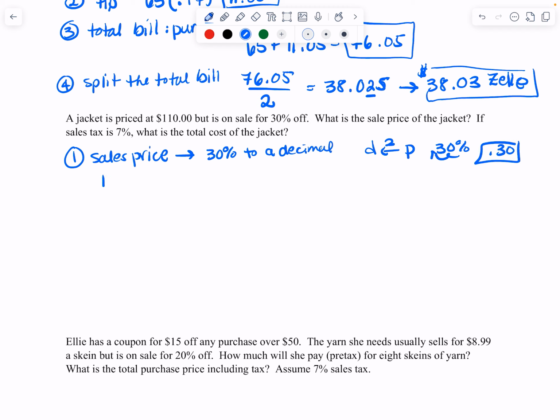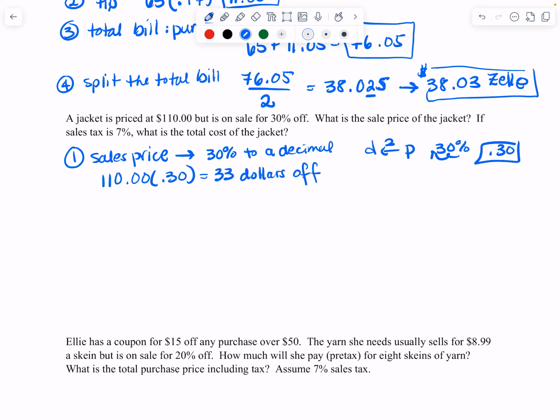So I'm going to take $110, its original price, times 0.30, and that'll tell me what the discounted rate is. 110 times 0.3 is what I meant to say. So it's $33 off.